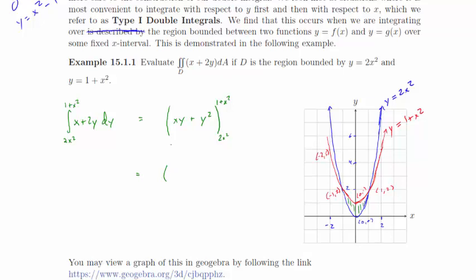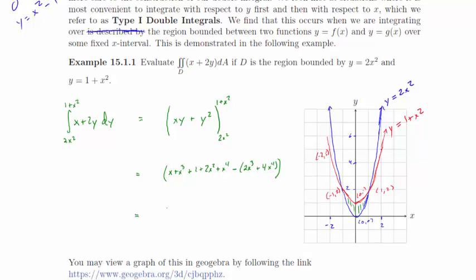We get x plus x cubed plus 1 plus 2x squared plus x to the 4th minus 2x cubed plus 4x to the 4th.